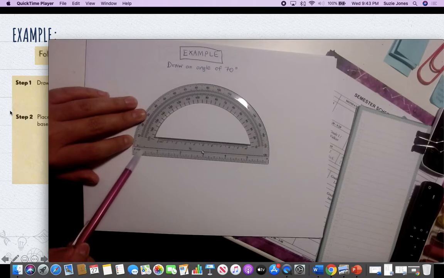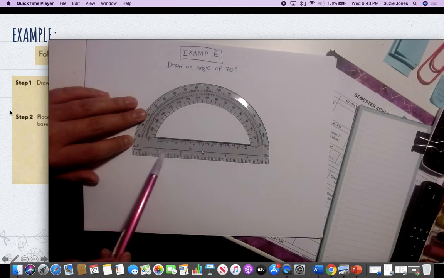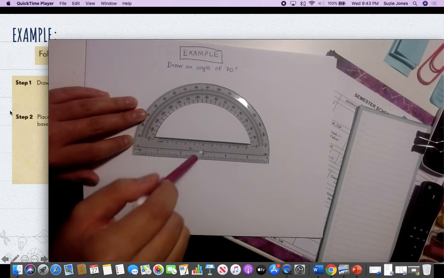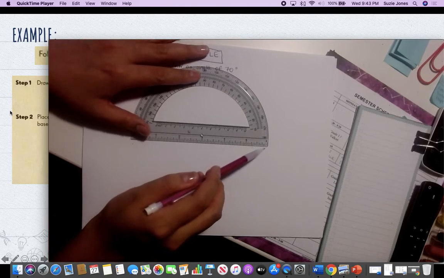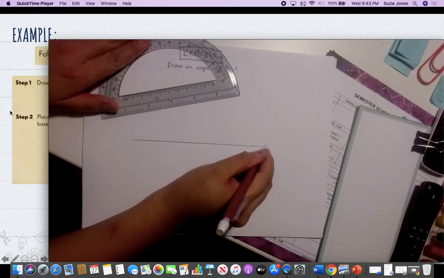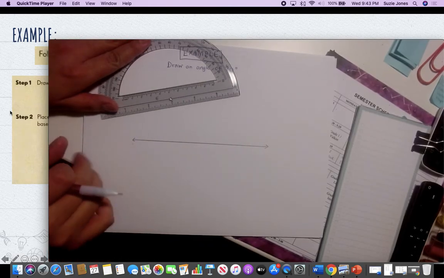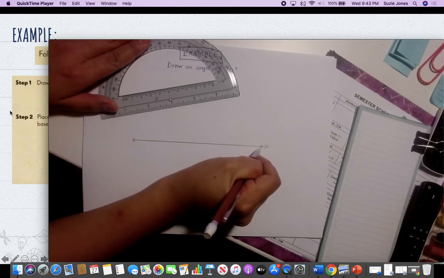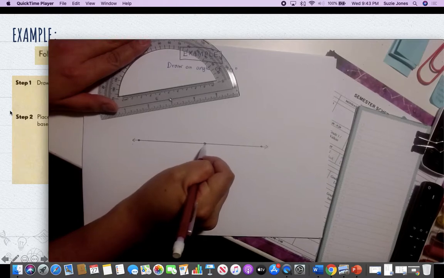I'm talking about this line that you see that's drawn on the protractor that goes through the center of my protractor. Okay, so right now the first step was to draw a line. So here's my line, and my line is a line that goes on forever. That's why I'm going to draw two arrows, and I'm going to draw these points here and then my vertex here.